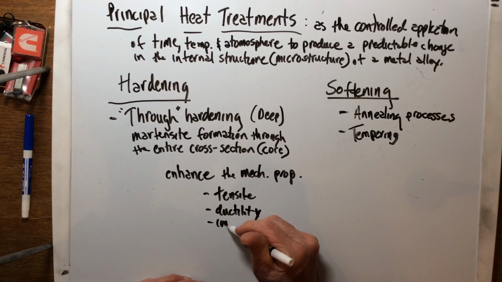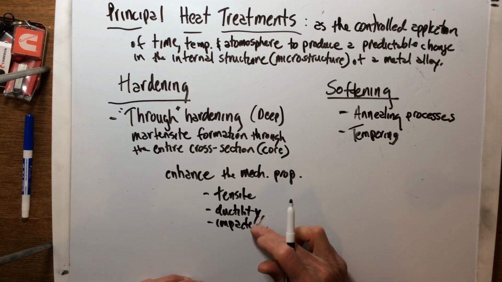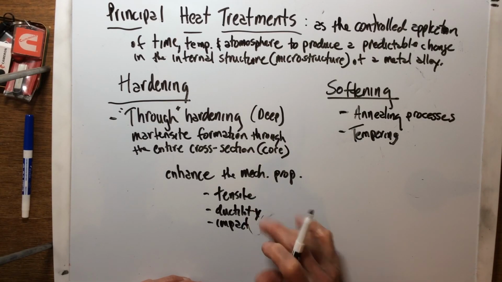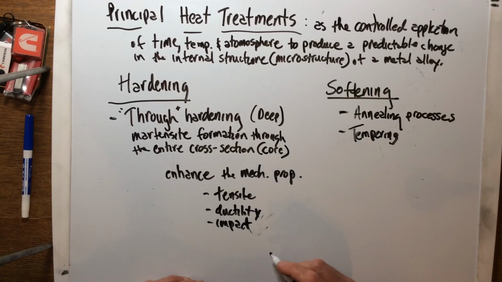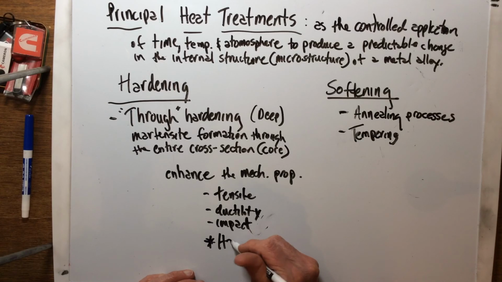Impact strength is affected by that. And then, of course, by far, hardness. Okay, so those are the basic mechanical properties that are affected and or enhanced by heat treating.